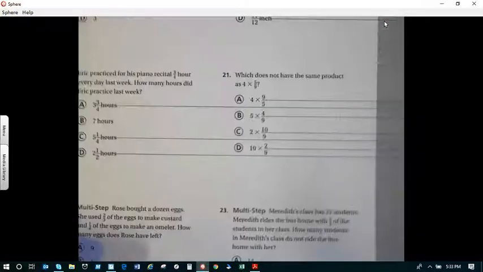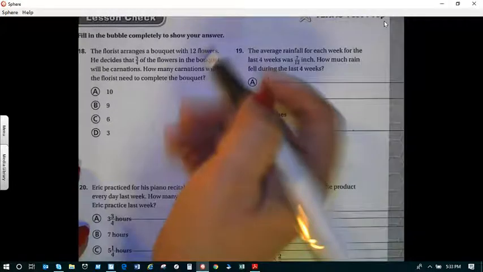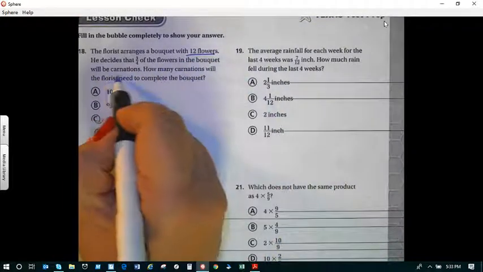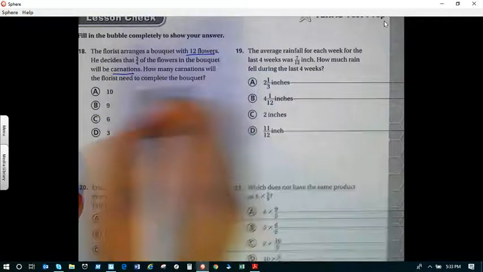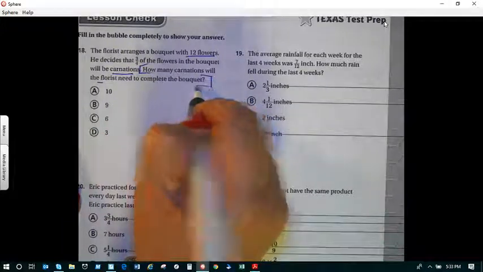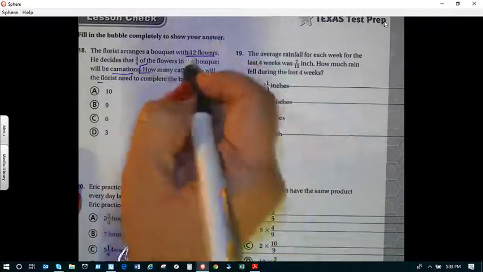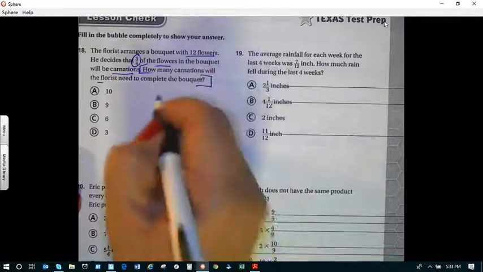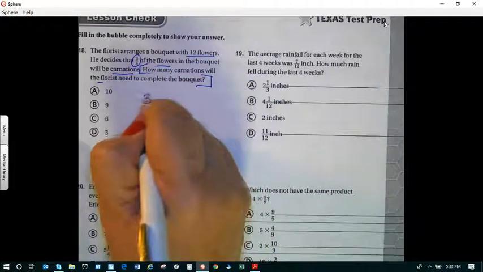Let's look at number 18. A florist arranges a bouquet with 12 flowers. He decides that 3/4 of the flowers in the bouquet will be carnations. Oh, how sweet. How many carnations will the florist need to complete the bouquet? Okay, so we're talking about carnations. It's 3/4 of the flowers in the bouquet are carnations, and there's 12.